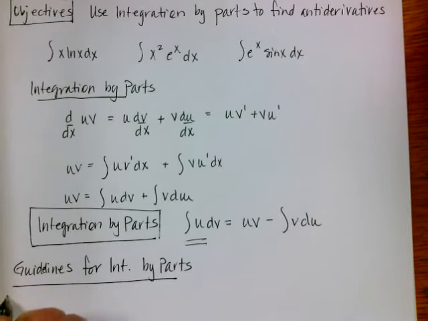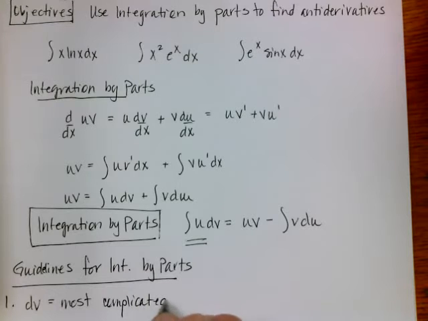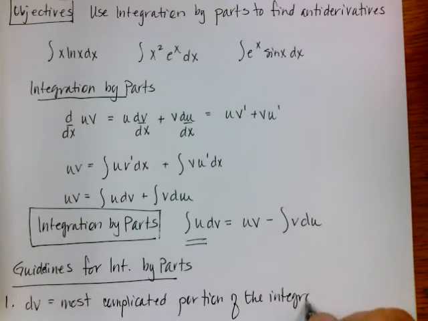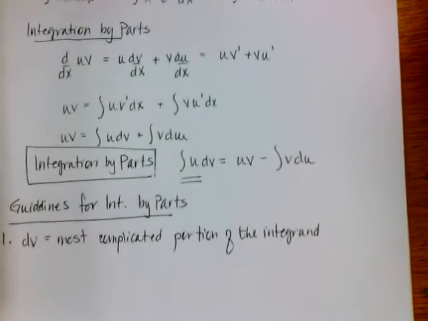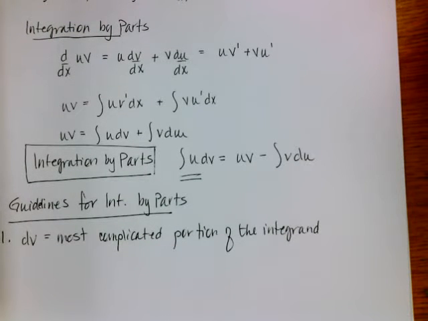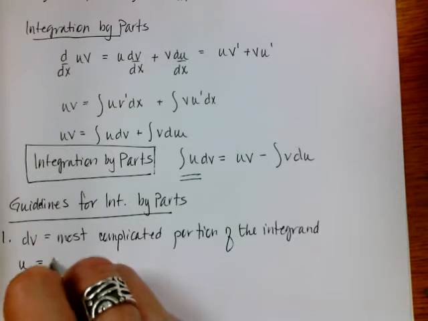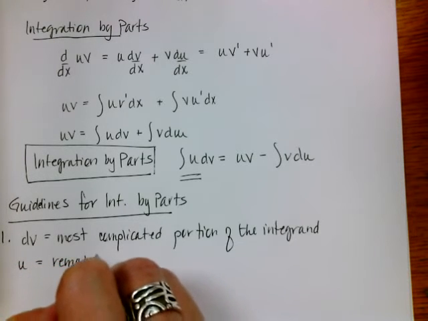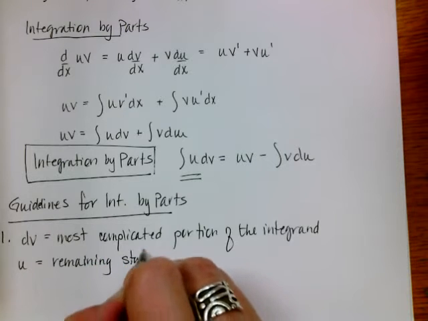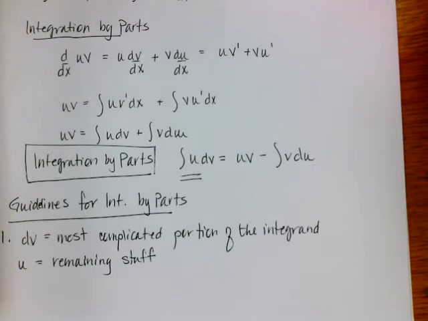Okay, so the first one is you want to try to let dv equal the most complicated portion of the integral, and that you want it to be something that you can manage, so it's going to fit a basic integration rule. Then u would equal all the stuff that's left over, remaining stuff.